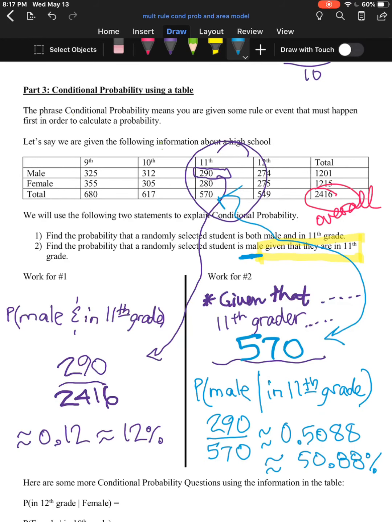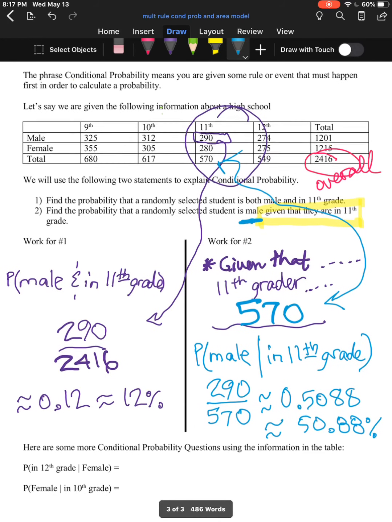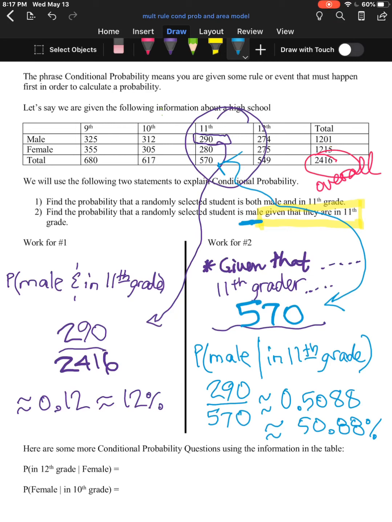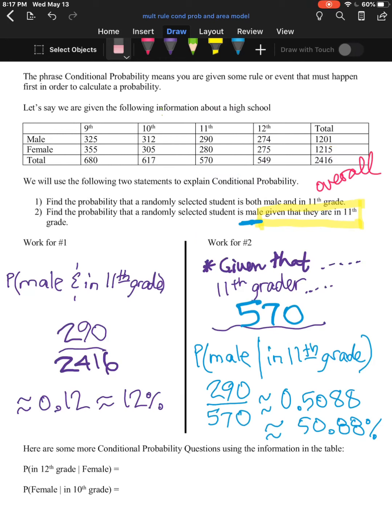And let's use the chart to see if we can get the other ones. At the bottom, here are some more conditional probability questions using the information in the table. So let's go ahead and erase some of the writing in the table so we can see what we're doing.